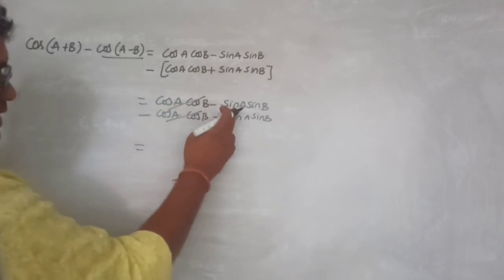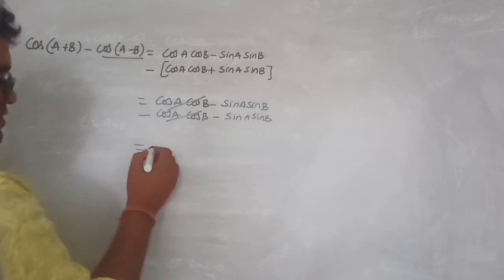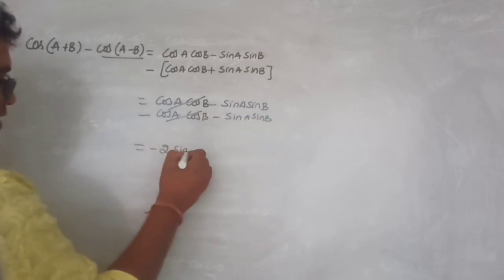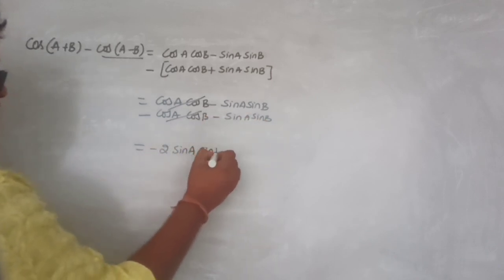So minus sin A sin B minus sin A sin B is minus 2 sin A sin B.